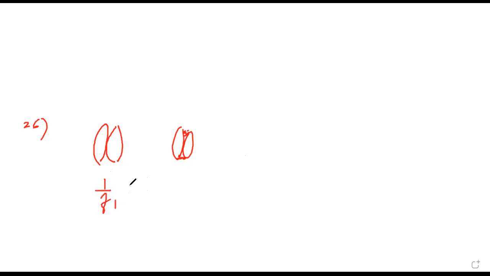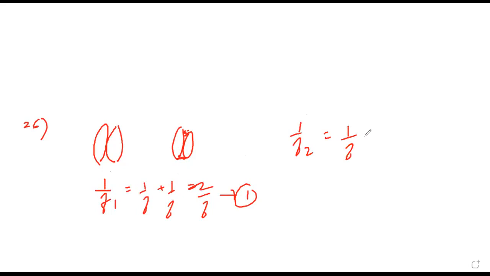First case, 1 upon f1 is 1 upon f plus 1 upon f, which is 2 by f. Second case, it is combination of 3, having same refractive index. So 1 upon f2 is 1 upon f plus 1 upon f. This will be concave, so minus 1 upon f.